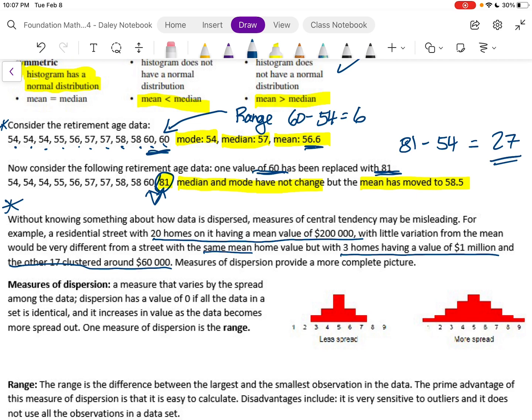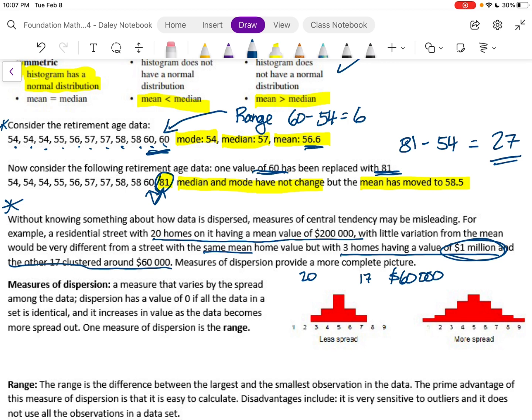So this second street, if we had those 20 houses and 17 of them, their value was clustered around $60,000. Those other 3 that were valued at 1 million, those would be total outliers. It would be so different and it would definitely skew your data. So it really is a big difference how we're getting the mean, right?